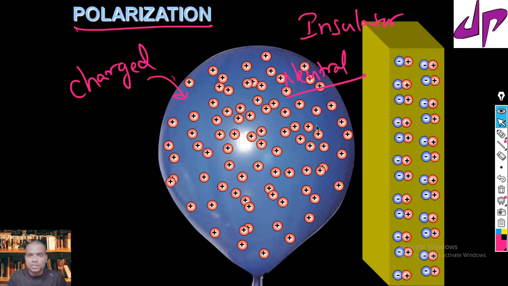They are orienting in such a way. Since it's a positive charge, all these negative charges are trying to attract this positive charge.